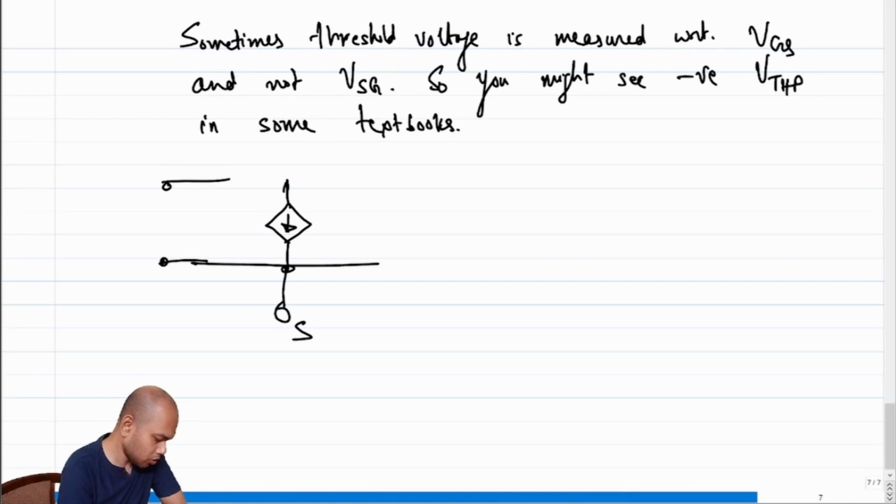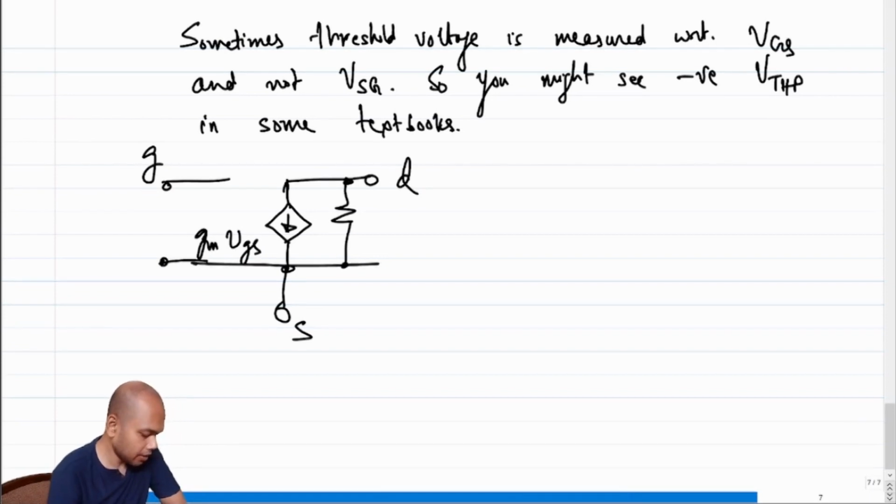This is the source, this is the drain, this is the gate, and the incremental current is gm times vgs, and the drain to source conductance is gds.